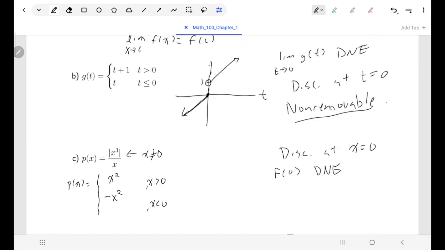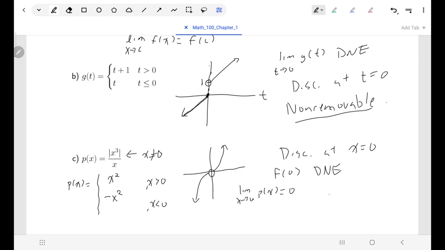So P of x is actually a function that's doing two different things. It's a parabola opening up when we're to the right of 0, and a parabola opening down when we're to the left of 0. For this one, for sure, we can see that the limit does exist. The limit as x approaches 0 of P of x is 0. So we could fix this.